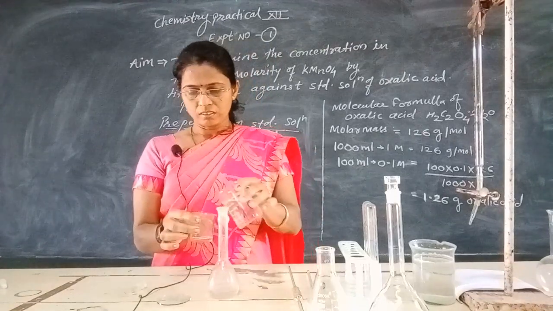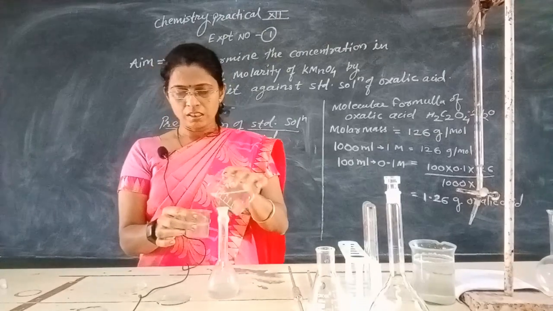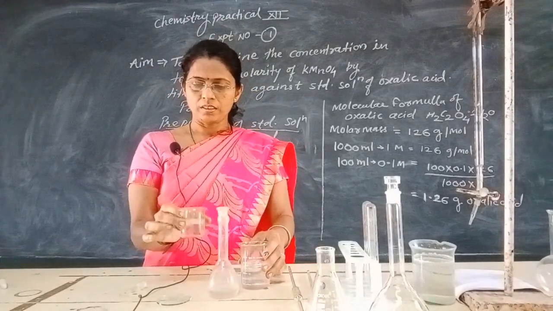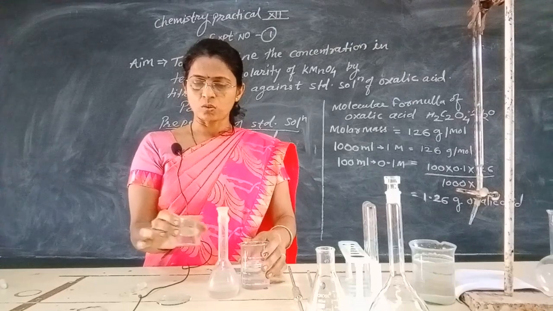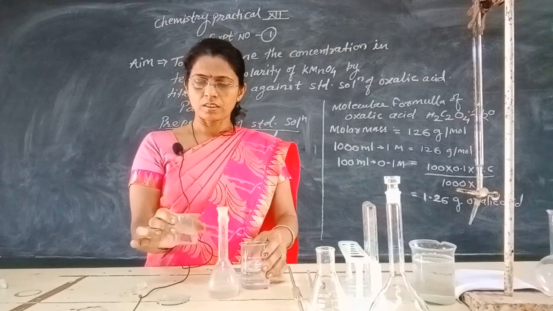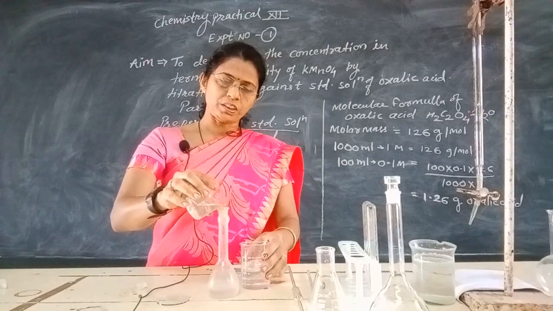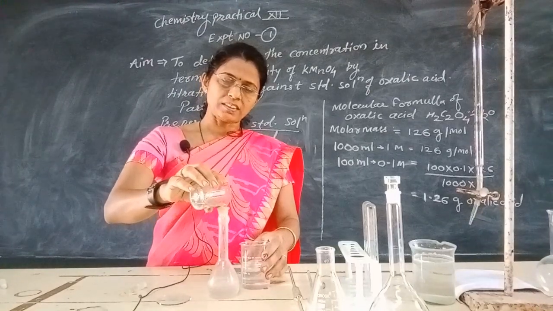Again add a little amount of water to the beaker. This rotation in a circular manner is called the swirling process, and transfer the washing into the volumetric flask. Why do we do like this?